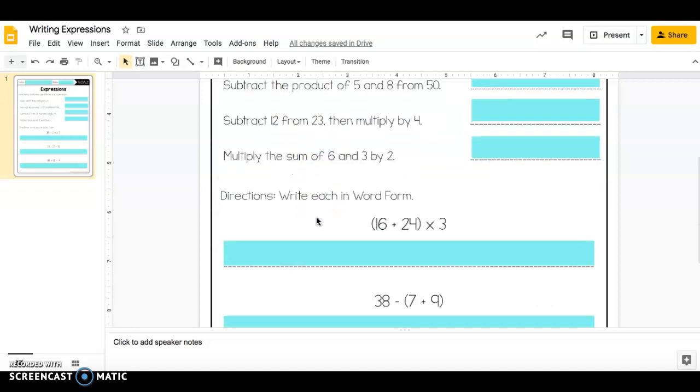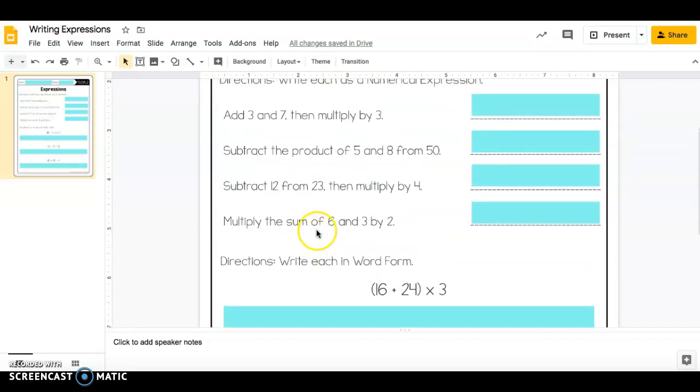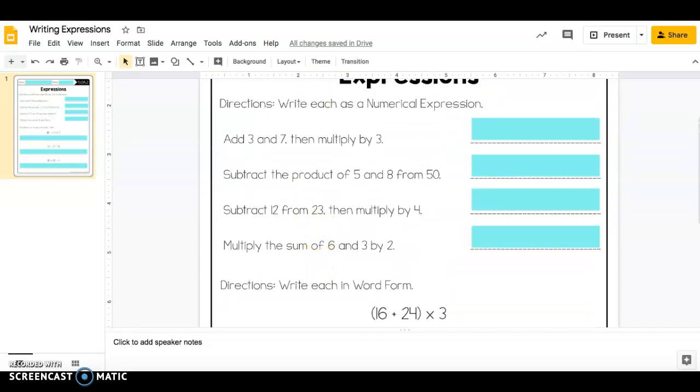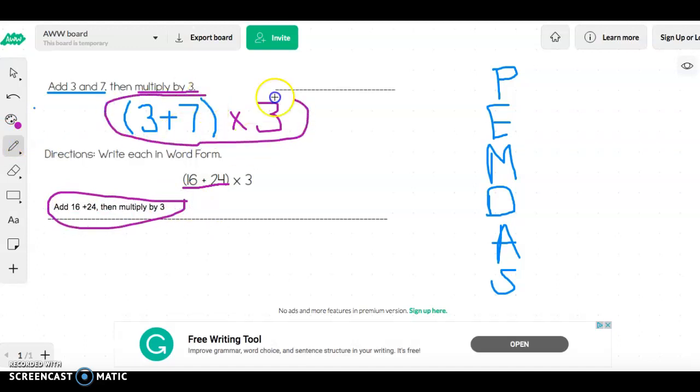I don't think there's going to be any other words you don't know. So this, again, is all you are doing today. You are only writing. You are not doing any math. Easy day. I did not solve any of these. I just wrote the expressions out. So parentheses are always first. That is what you do first.